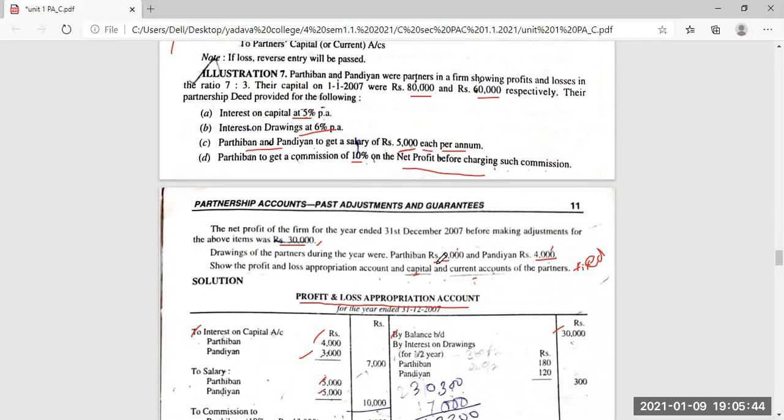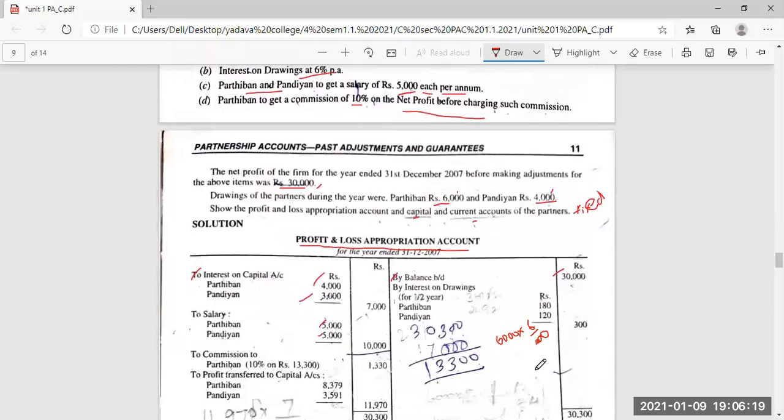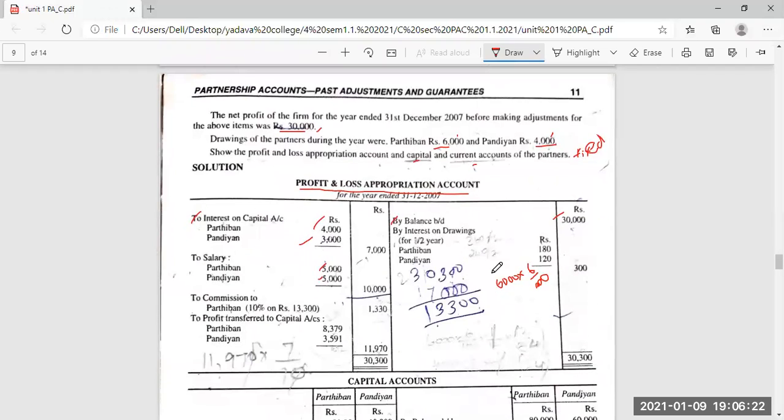The rate is 6%. So 6,000 into 6 by 100. If we calculate 6,000 into 6 by 100, you will get 360.